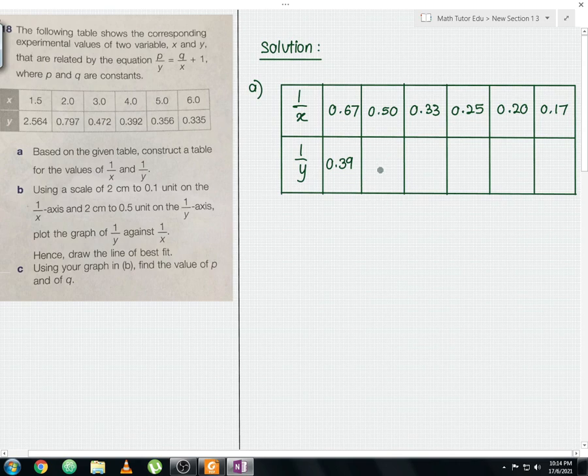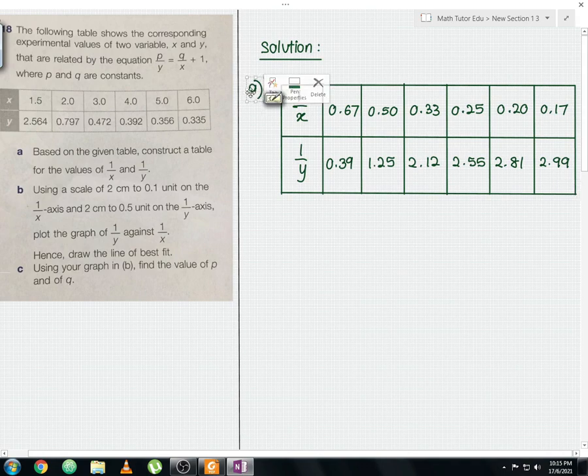From here the second value you should get is 1.25, and then followed by 2.12, and then 2.55, and then 2.81. And then your last value will be 2.99. Okay, so from here we have already solved the question part A.